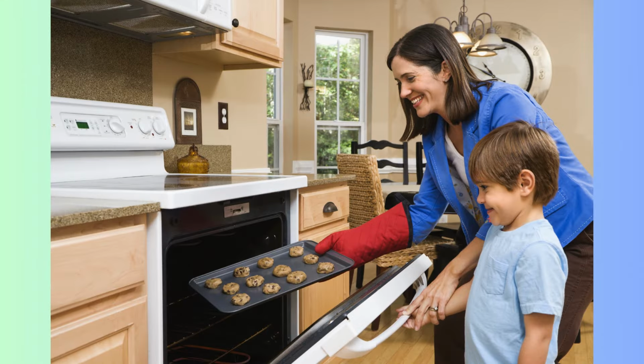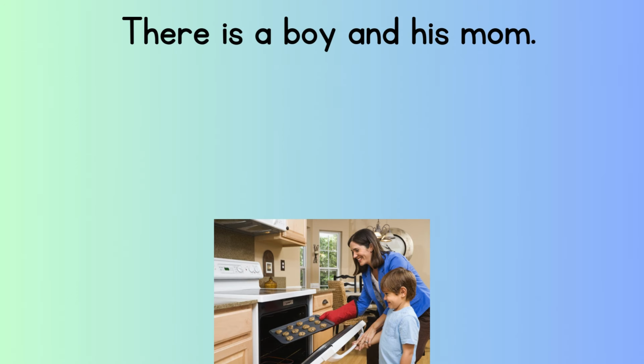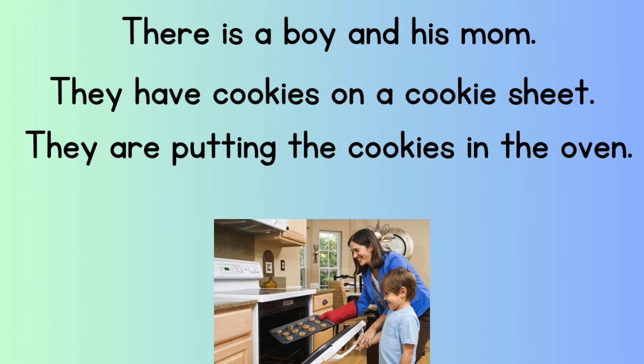Let's find the details in this picture. Tell someone some details that you notice about this picture. Maybe you said there's a boy and his mom, or they have cookies on a cookie sheet. They are putting the cookies in the oven. All of those are great details.